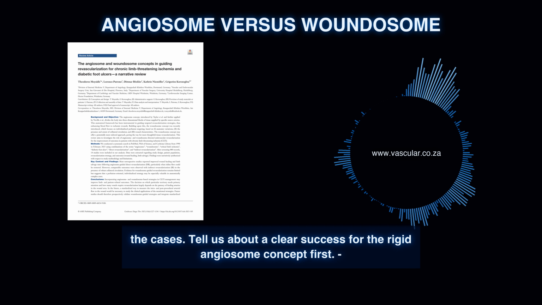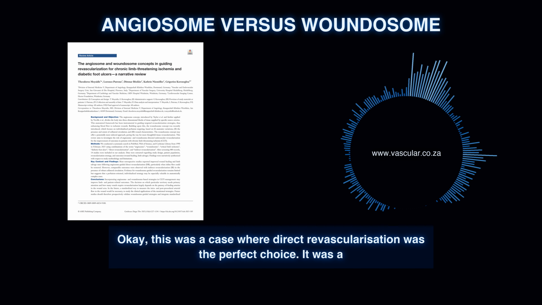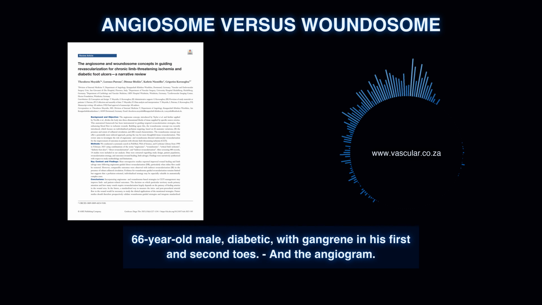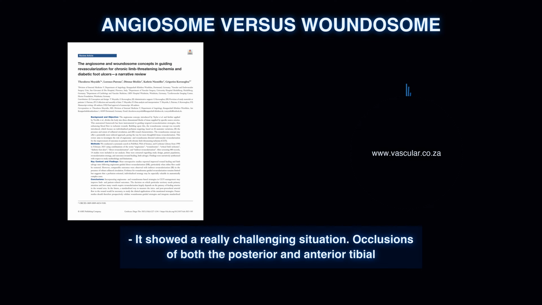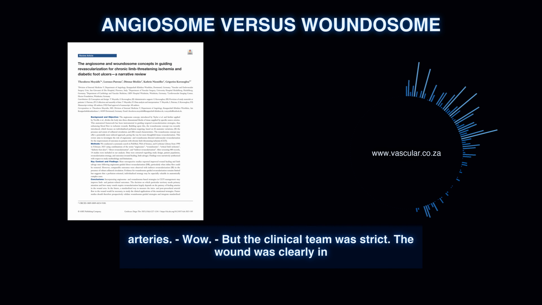Tell us about a clear success for the rigid angiosome concept first. Okay, this was a case where direct revascularization was the perfect choice. It was a 66-year-old male, diabetic, with gangrene in his first and second toes. And the angiogram? It showed a really challenging situation. Occlusions of both the posterior and anterior tibial arteries. Wow.